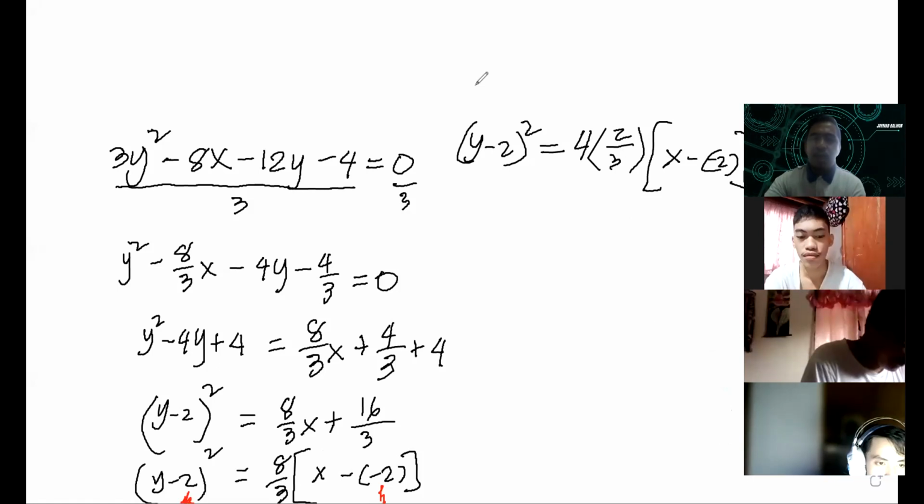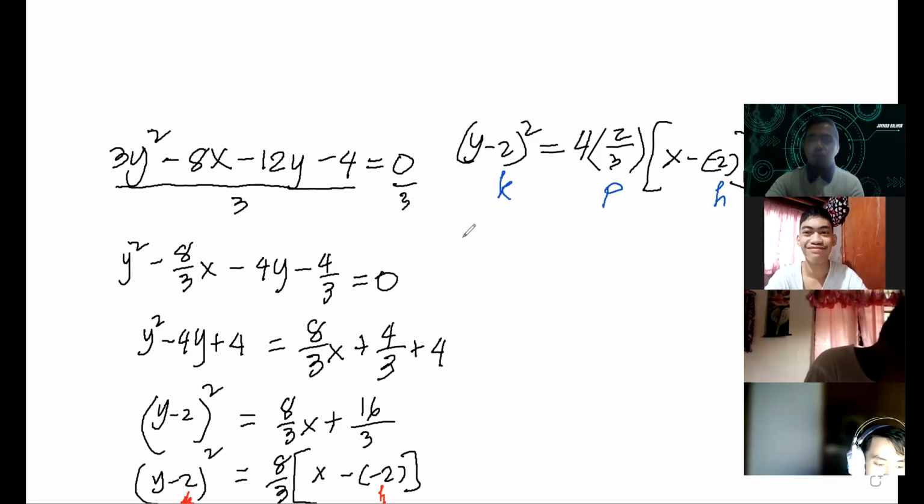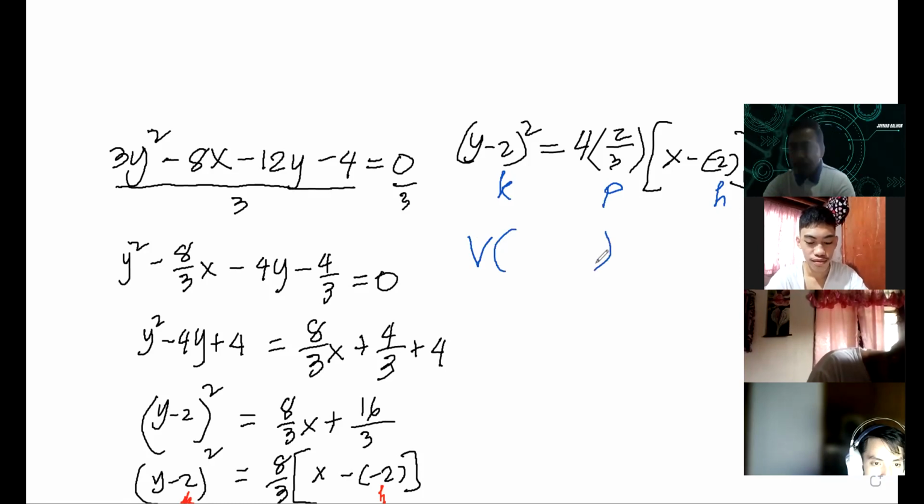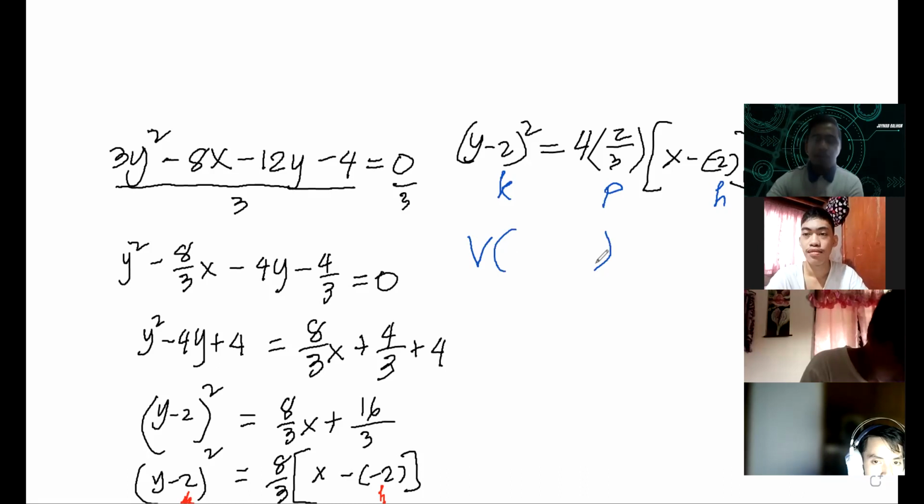So we already have our K, right? We already have our H. We also have our P. Then we are now ready to give the vertex. The vertex?